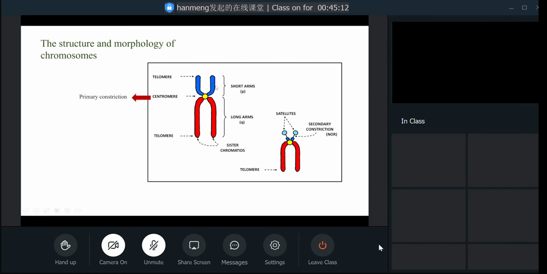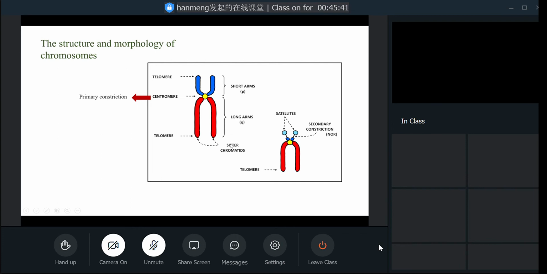From this picture, we can see a chromosome. Here, the linkage of two chromatids is the centromere. The centromere is also named the primary constriction. Then, the two ends of the chromosome have the telomere.